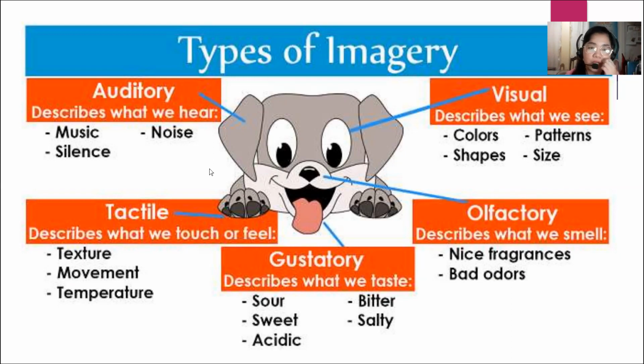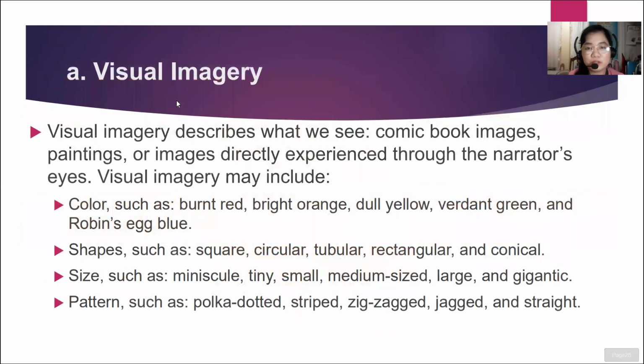You can describe the music you heard, or noise, like clattering or the pitter-patter of rain on the floor. Or silence, like deafening silence. There is a lot you can describe. So, let's now proceed with visual imagery.